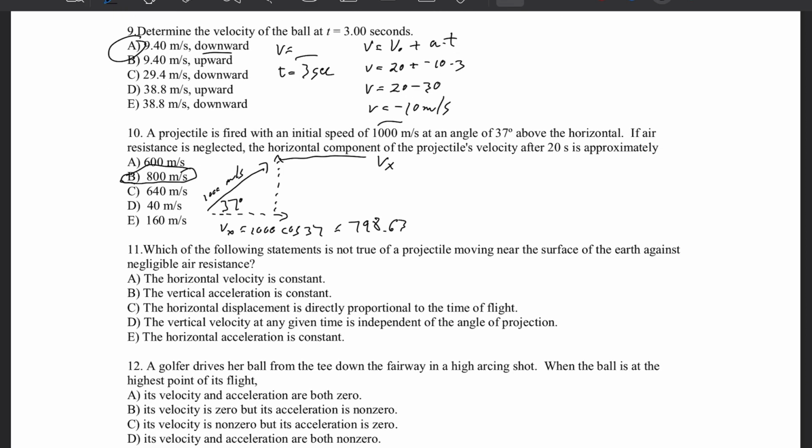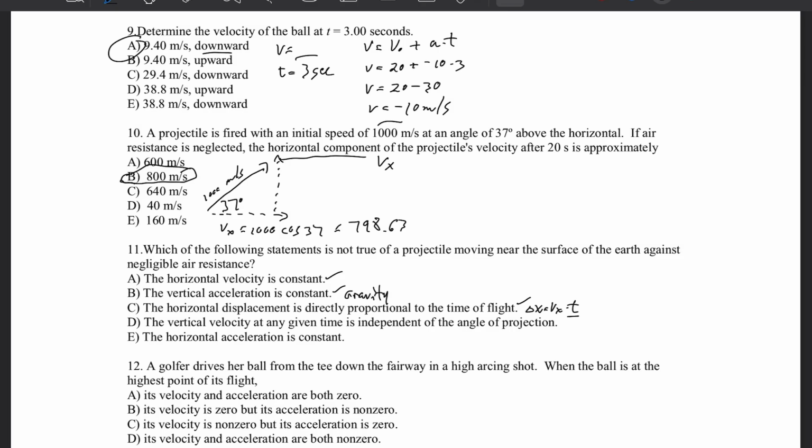Number 11, which of the following statements is not true of a projectile moving near the surface of the Earth with negligible air resistance? The horizontal velocity is constant. That's good. The vertical acceleration is constant. Yep, gravity. The horizontal displacement is directly proportional to the time in flight. Yes, the longer it flies, the further it goes. The vertical velocity at any given time is independent of the angle of projection.